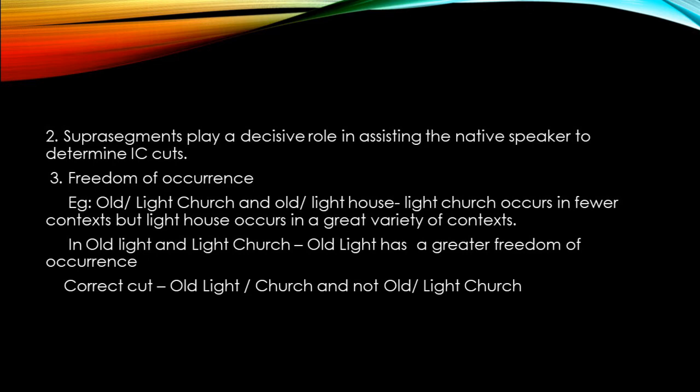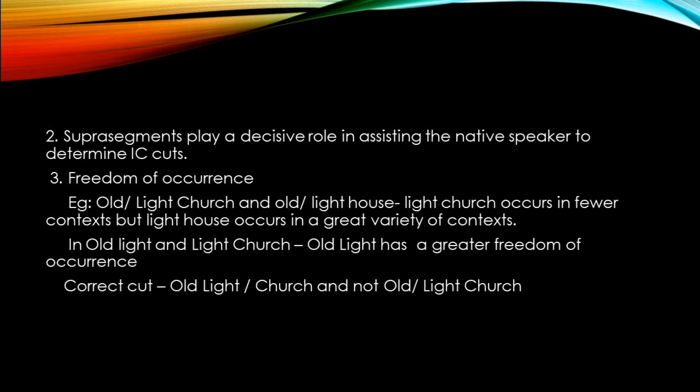When you analyze these two phrases, you understand that old light has a much more freedom of occurrence than light church. Okay, like old light church or new light church or bright light church, something to describe the church that is much more frequent than light church. So the freedom of occurrence is very important to decide where the cut should be.